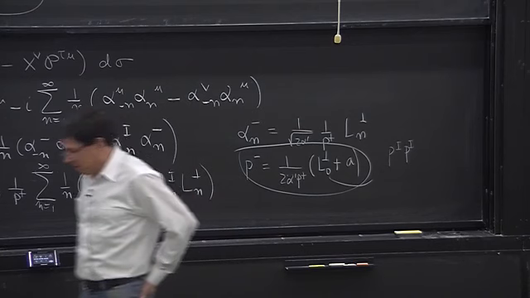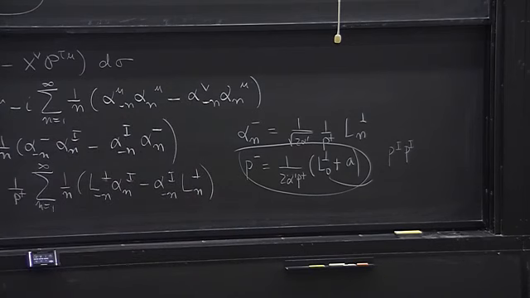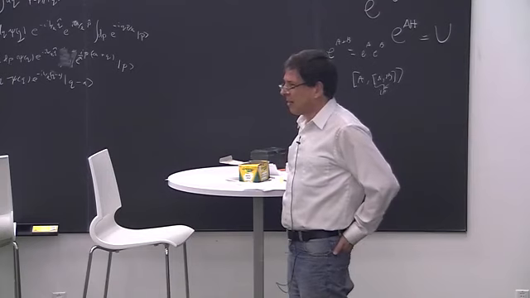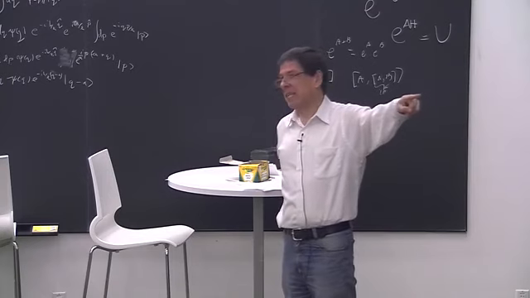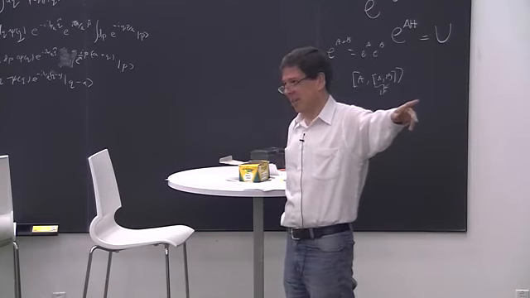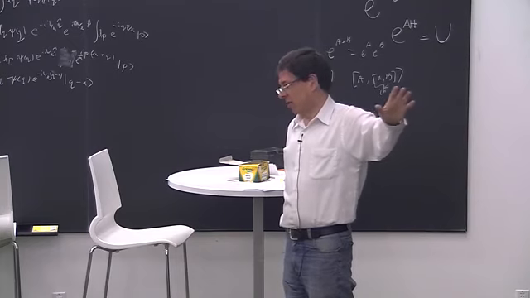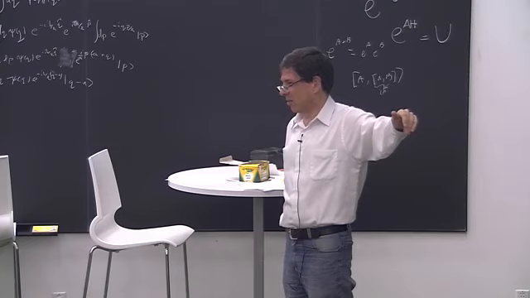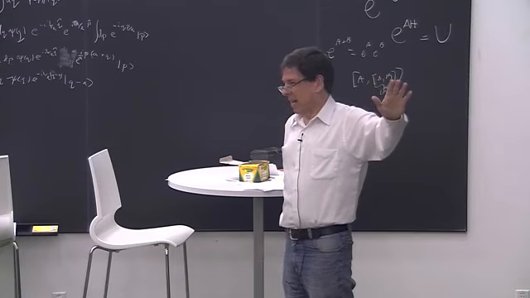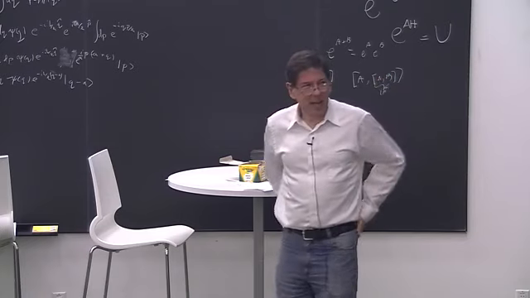Now, we all complain sometimes that this problem is a long calculation. Well, this is a long calculation. This is easily 15 or 20 pages of calculation. It's a nightmare.